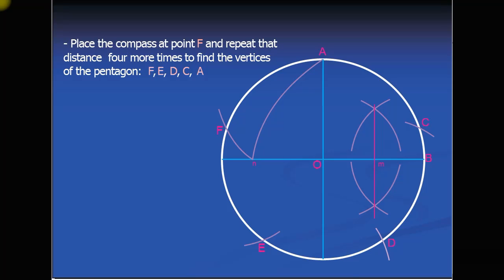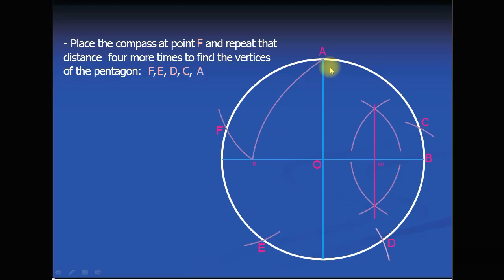Draw this arc, this arc and this arc. So these are the vertices of the pentagon: F, E, D, C.